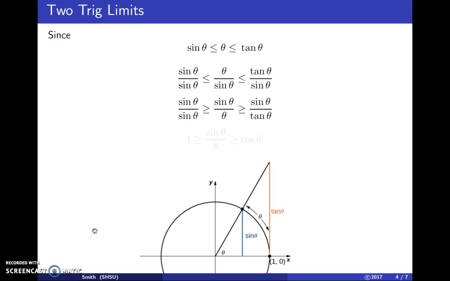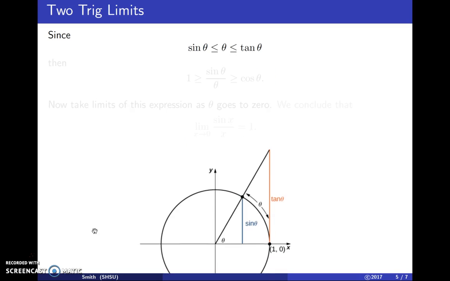Then if I clean up and simplify, the first thing is a 1, the middle term is sine theta over theta, and the final thing is cosine theta. So we can interpret, with a little bit of algebra, the picture drawn at the bottom as telling us that sine of theta over theta is always less than or equal to 1, and at the same time, sine of theta over theta is greater than or equal to cosine of theta.